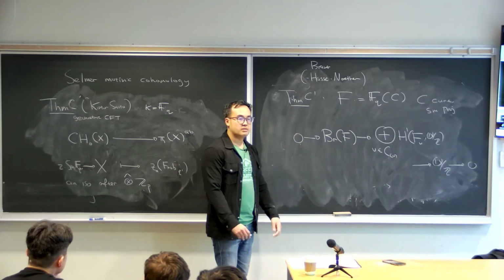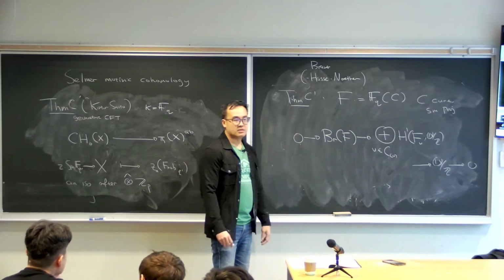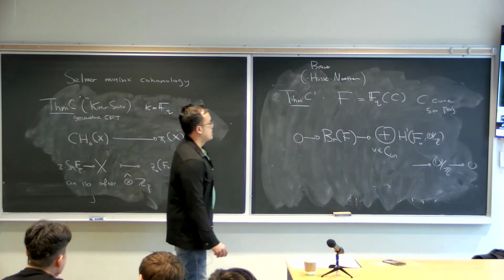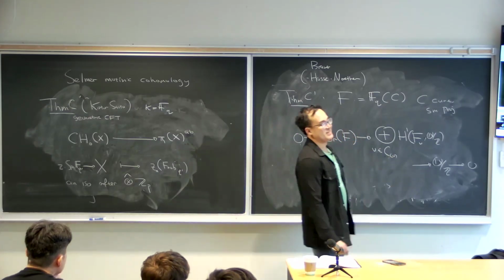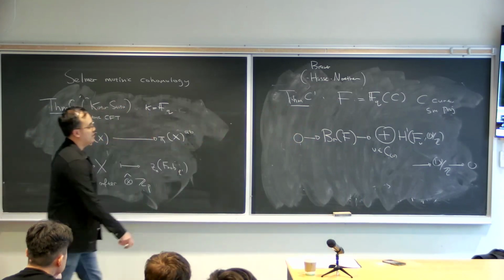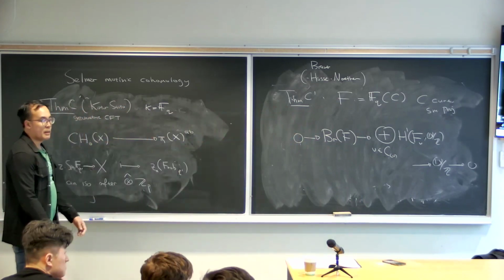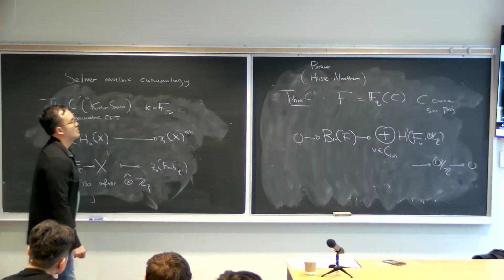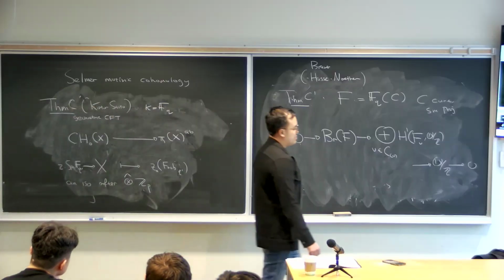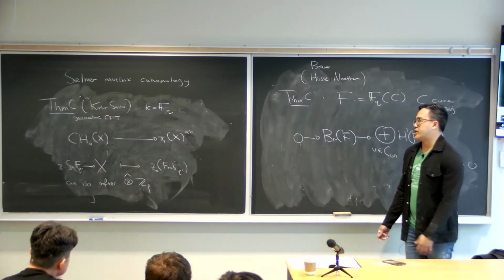That's kind of the point. This looks like a Gersten complex: there's a field, there are points. In particular, it should not a priori be obvious that these are related.